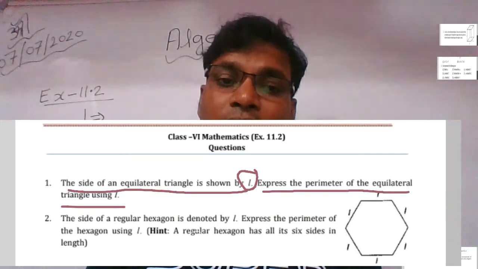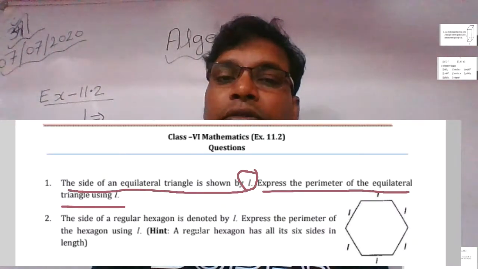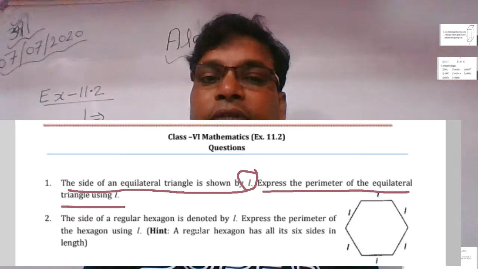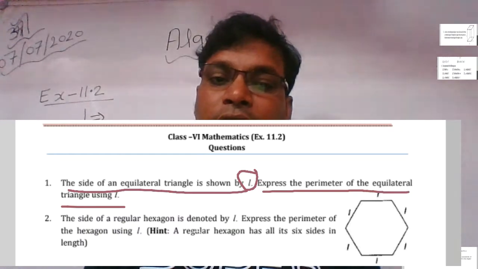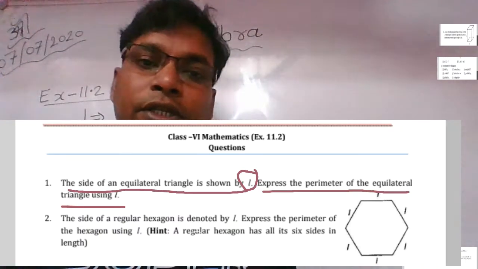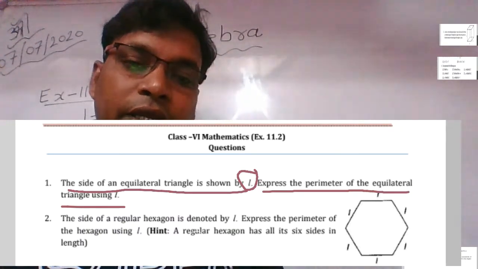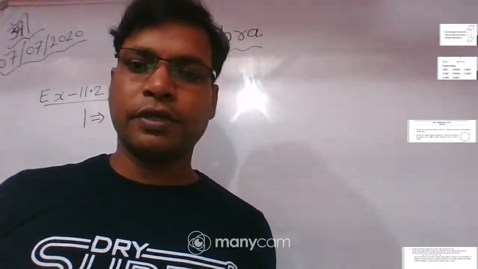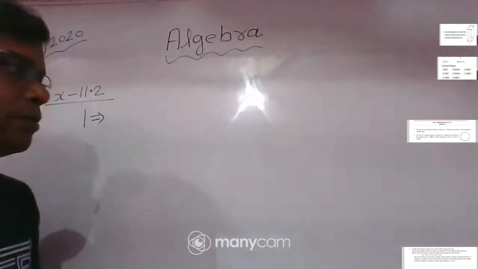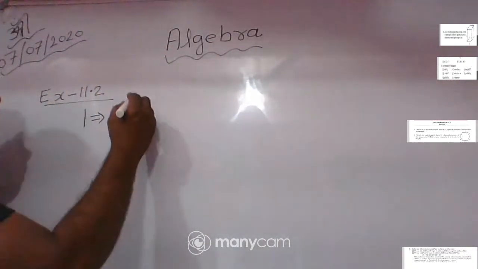Okay, and the length of side is given here. So equilateral triangles have three sides and they are equal to each other. Clear? So perimeter of equilateral triangle is 3 into length of side. Here length is given, length is L. So here we find perimeter of equilateral triangles.